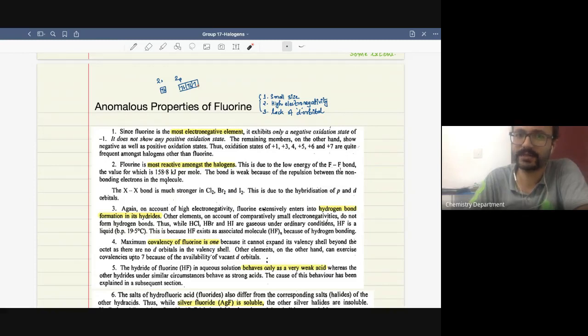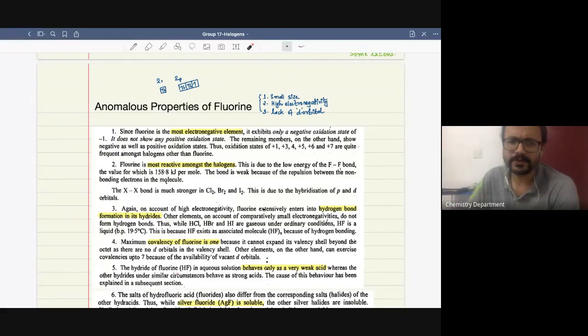It can show a maximum covalency of only 1, because you cannot excite any electron since you do not have a d subshell. So the maximum covalency possible in fluorine is only 1, because of the lack of d orbitals.